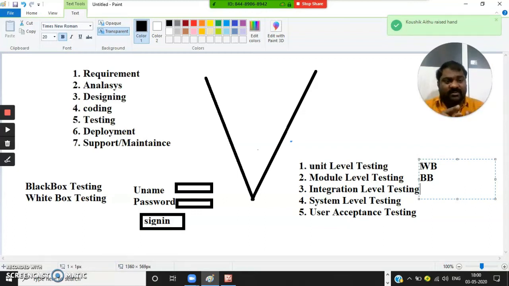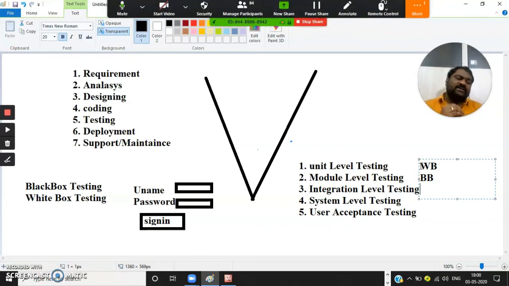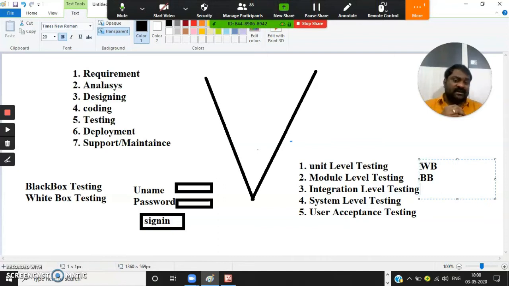If you do any operation on one module, it must affect the other module. That comes under integration level code, and you have to write the integration logic. If you want to integrate one module with another module, you have to write some logic to integrate. Who will write that logic? Developer. Who will test the logic? Developer. So that is called integration level testing, white box testing.